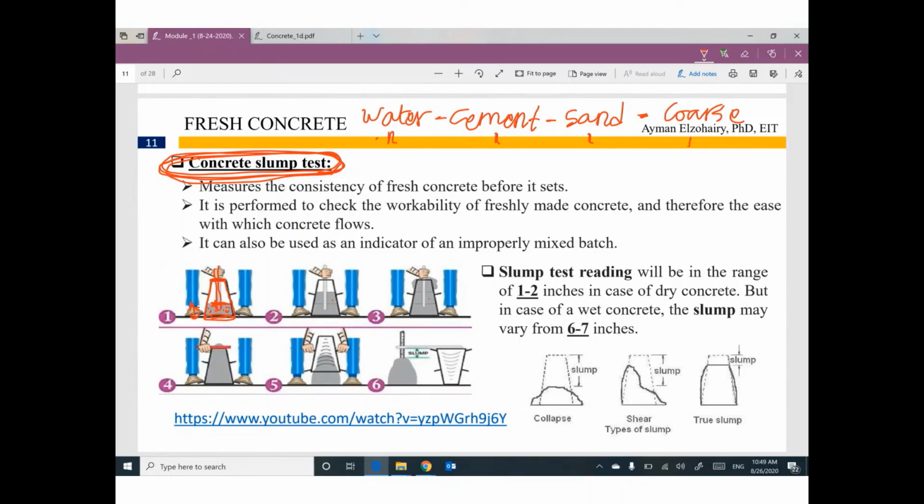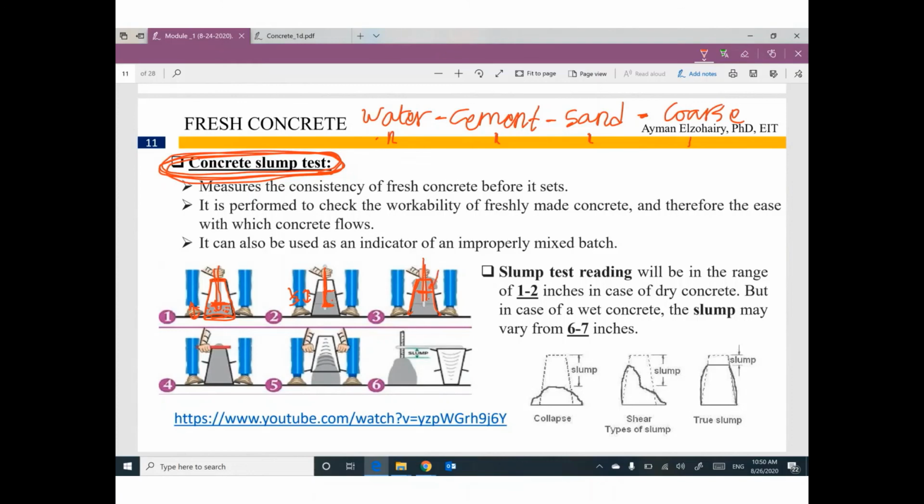Then add the second layer of concrete, the second third of height, and then with the steel rod, go ahead and compact the second layer. Then add the third layer to fill the cone, and using the steel rod, 25 times, you can compact the third layer.